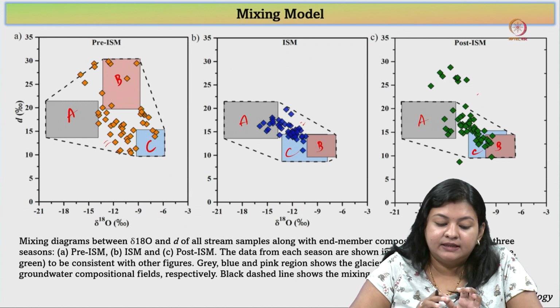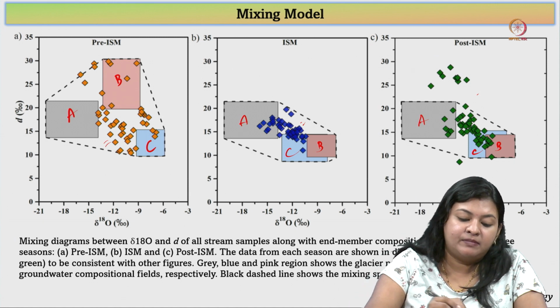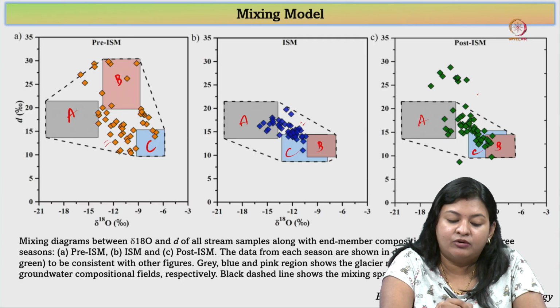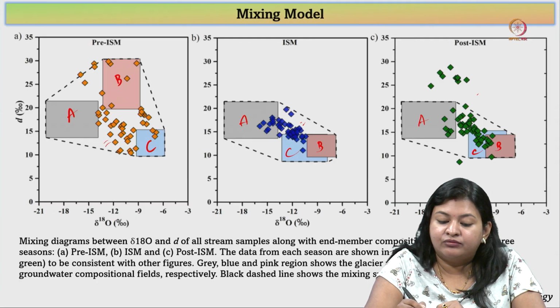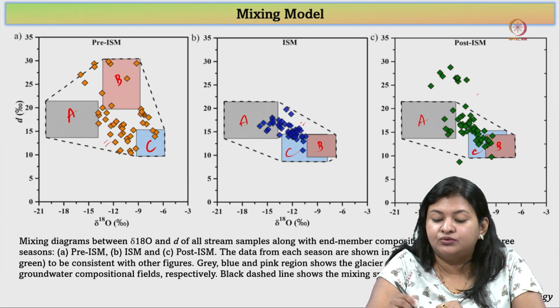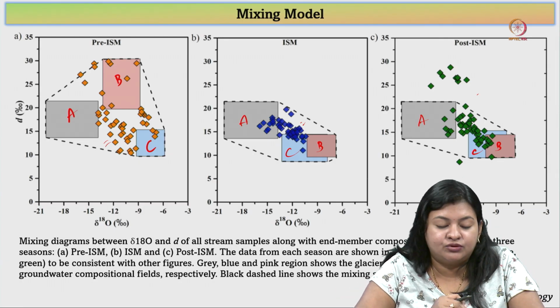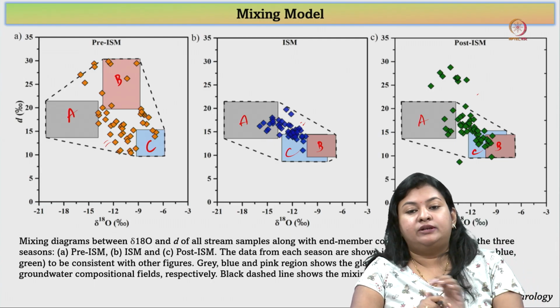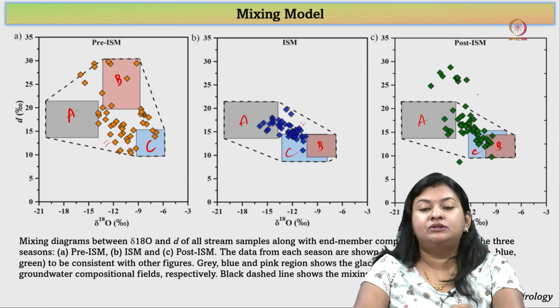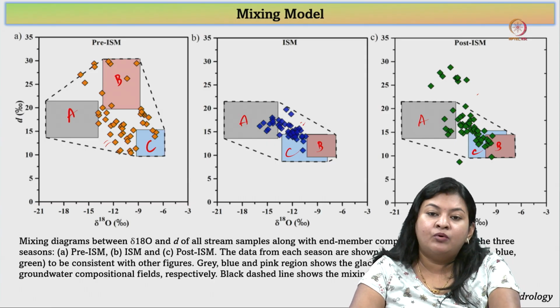These are their compositional fields, which means my data of groundwater will lie within this blue box. In the monsoon it will fall like this, and again in the post-monsoon.